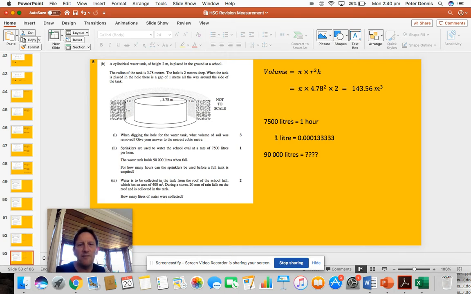We divide it by 7,500. If we do that to the left-hand side, we're going to divide this by 7,500. Then how do we get from 1 litre to 90,000 litres? We're going to times this by 90,000. This is the way I think it makes most sense to set it up.